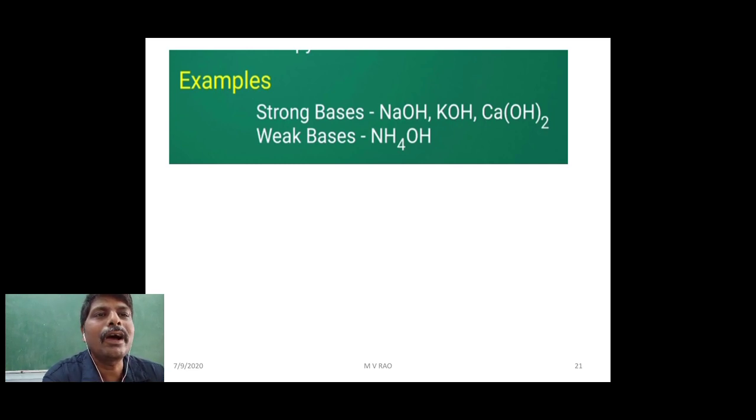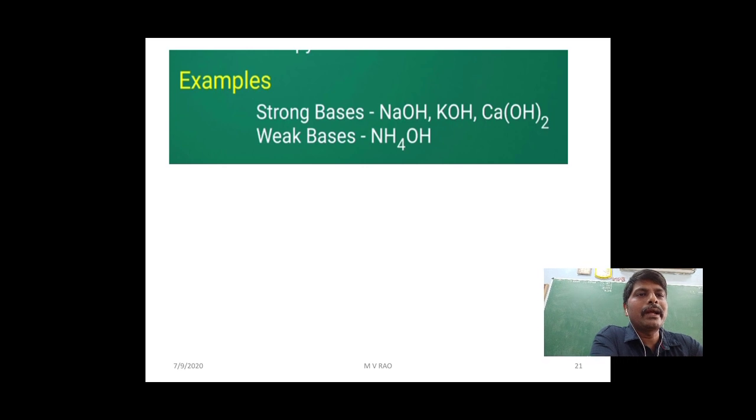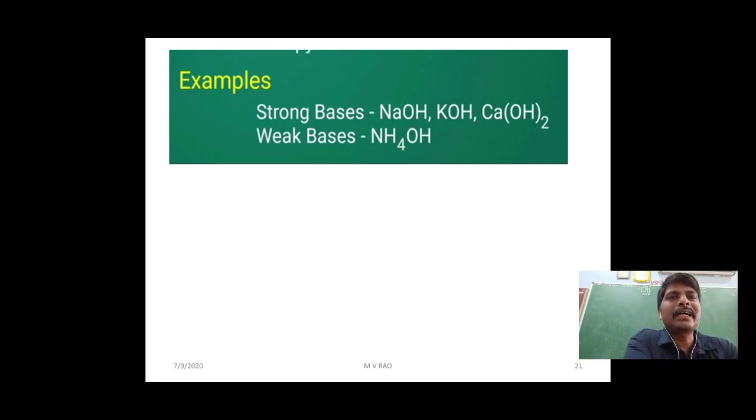What is meant by strong base? The substance which gives more number of OH minus ions is called a strong base. The substance which gives less number of OH minus ions is called a weak base.